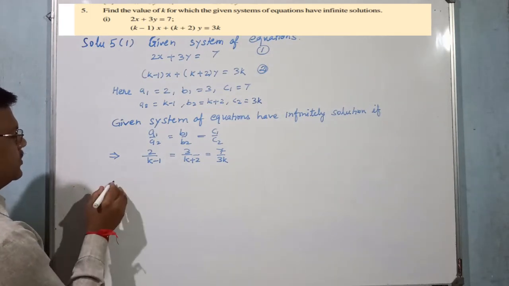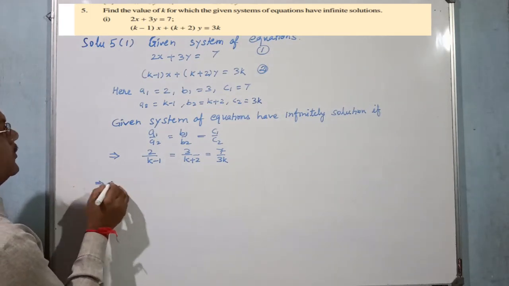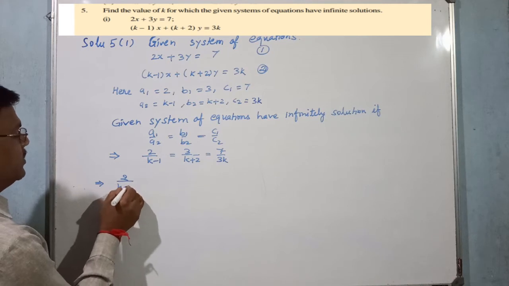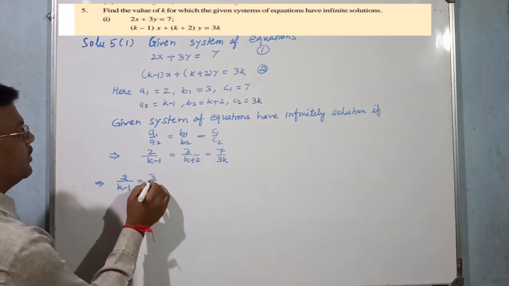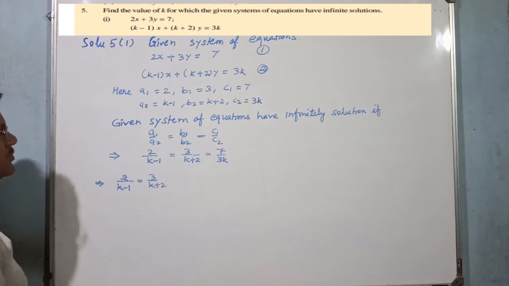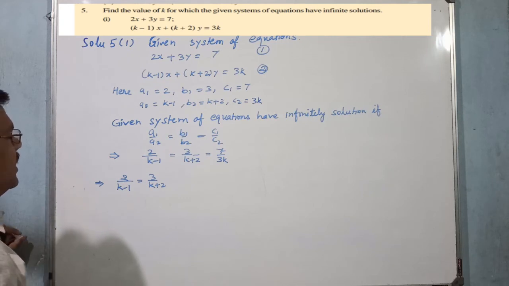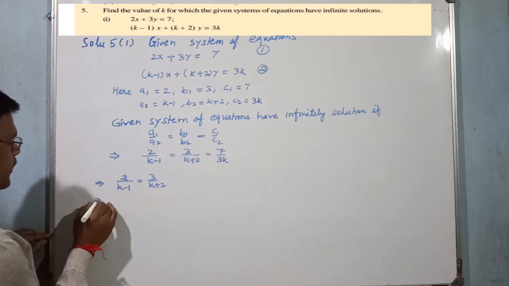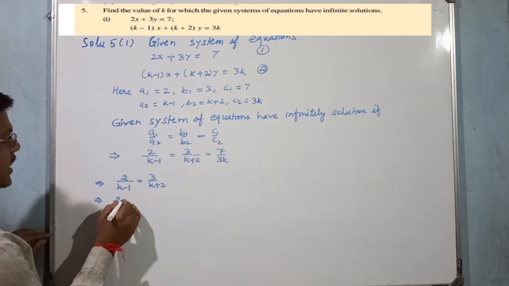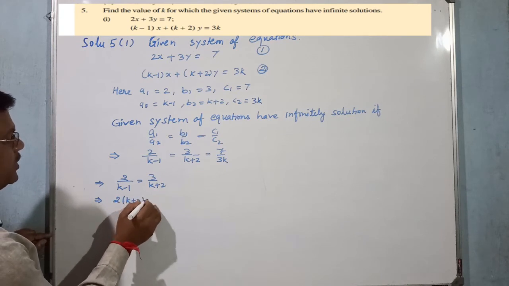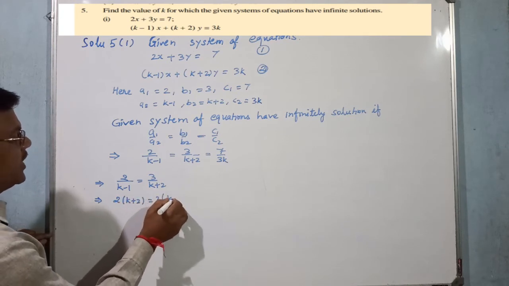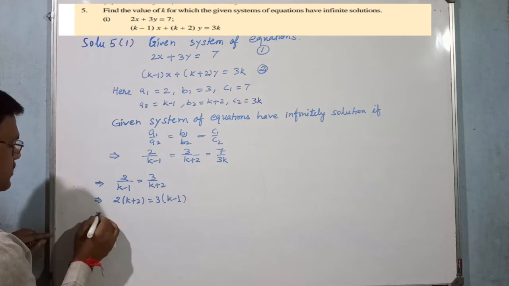From first two, 2 upon k minus 1 is equal to 3 upon k plus 2. Cross multiply. 2 multiplied by k plus 2 is equal to 3 multiplied by k minus 1.